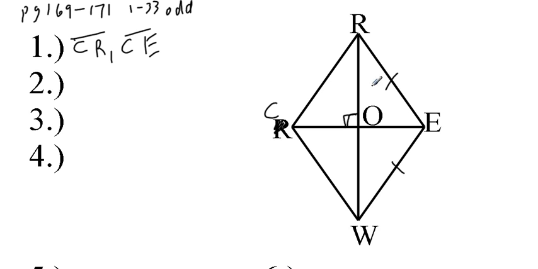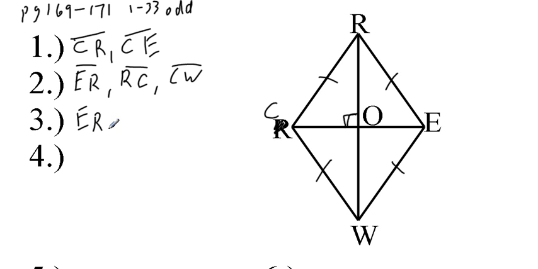So that means all sides here are congruent. So the segments congruent to WE would be ER, RC, and CW. Oops. Sorry, that goes in here, number 3. I forgot we're doing the odds.